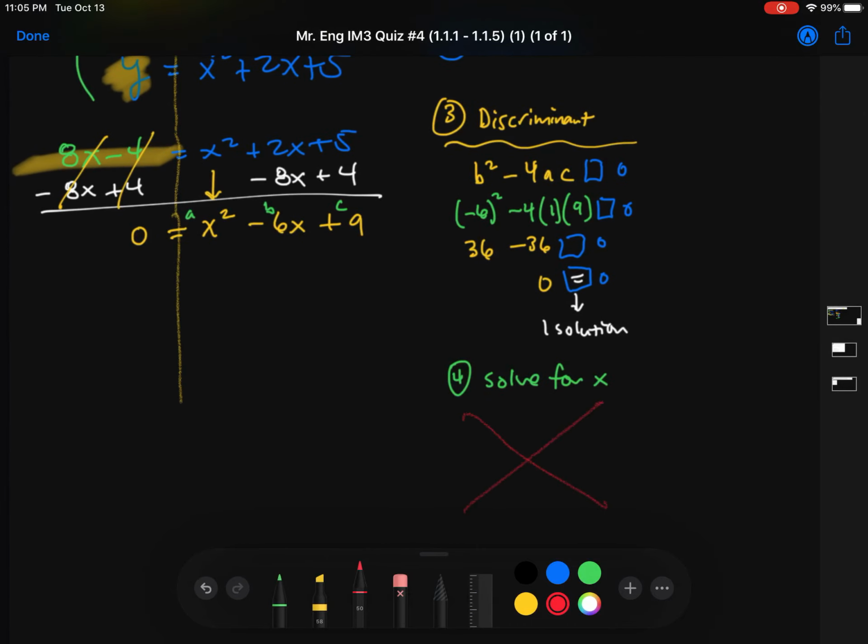So I have my a times c is 9, and my b value, which is negative 6, and two numbers that multiply to be 9 but add to be negative 6 are negative 3 and negative 3. So we have 0 equals x minus 3 and x minus 3.